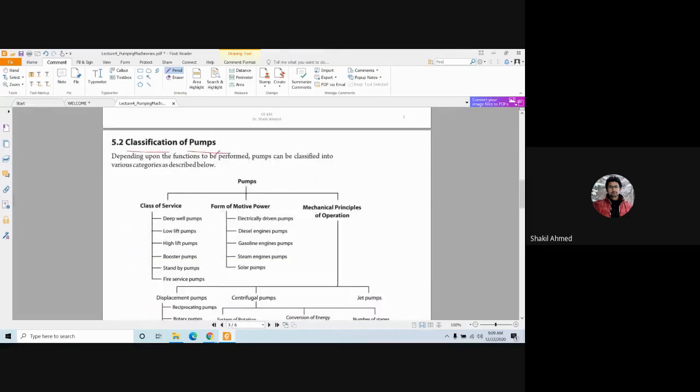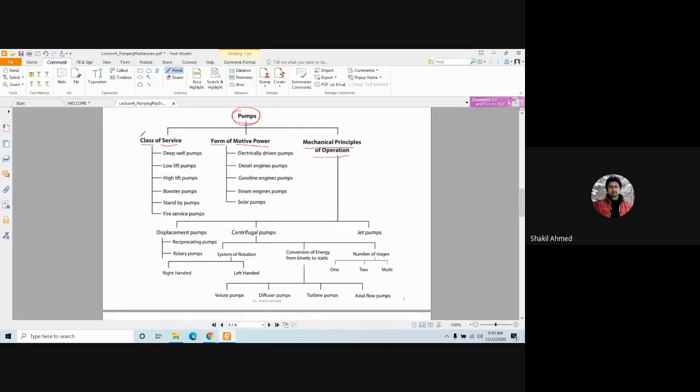There are numerous types of pumps. We can classify them based on the class of service, based on the form of motive power, that means how the pump is getting the power, and based on the mechanical properties of operation, that means the mechanism occurring in the pump.